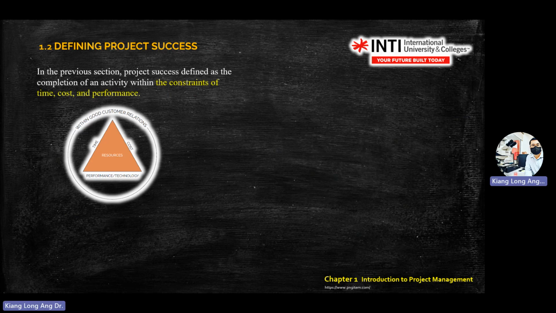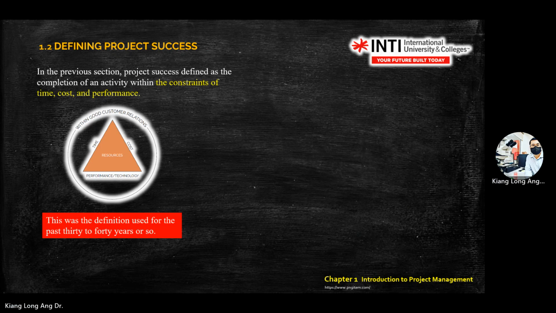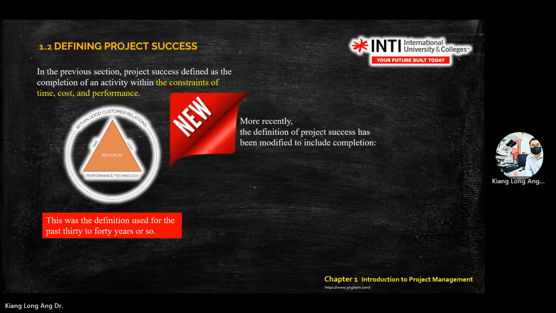Okay, we're still back to the triangle and the circle. This is a very old but still applicable definition. It is very useful when it comes to your test or final exam. For Section A, normally if you draw this one, you will survive.